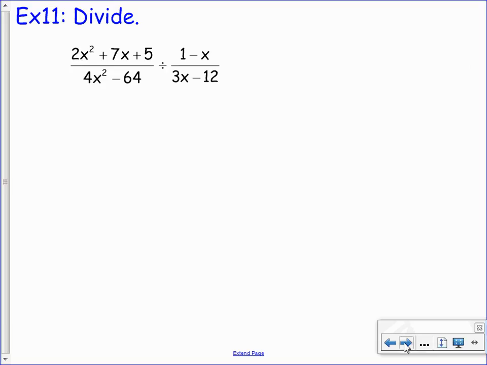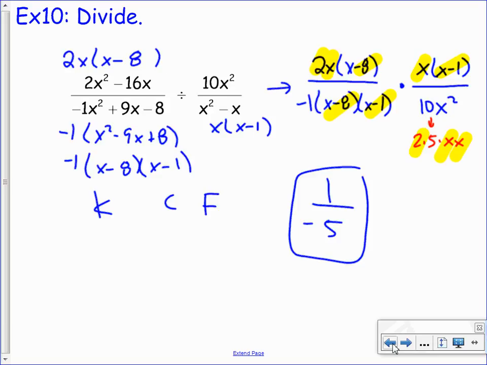So for this one, I'm going to factor as I keep, change, flip. Put it all together. You can do it. Any questions so far before I go to the last one? No? You can do it.